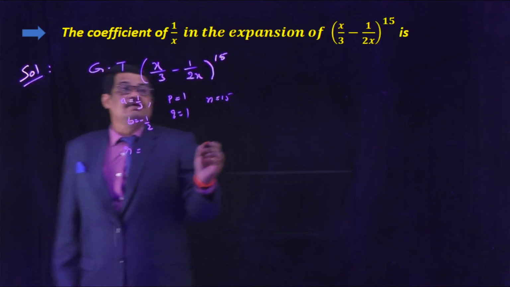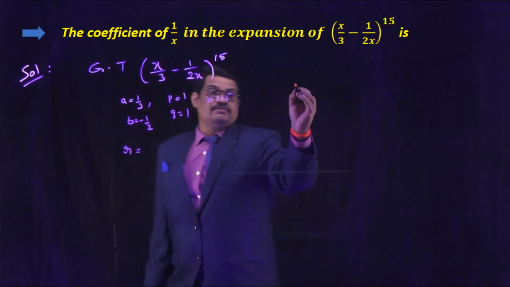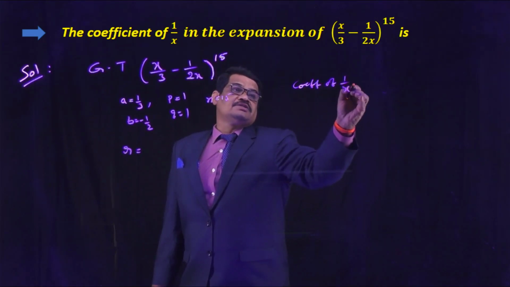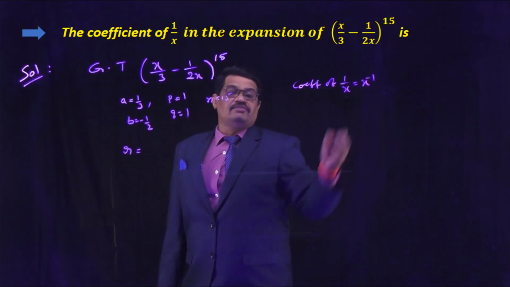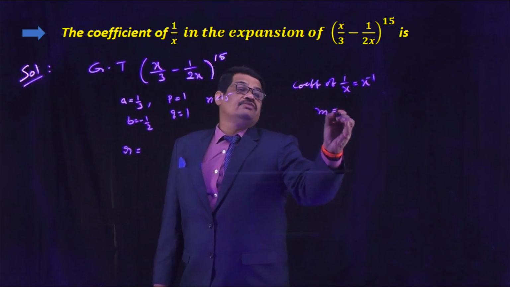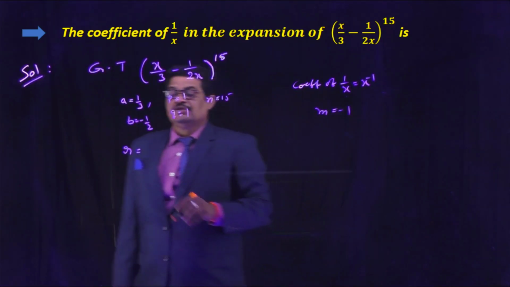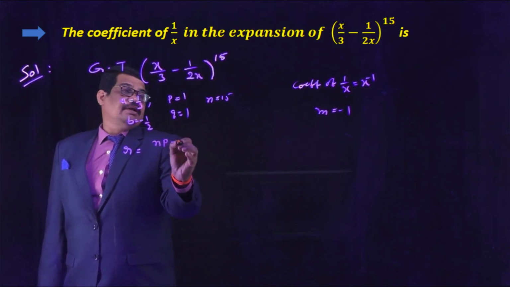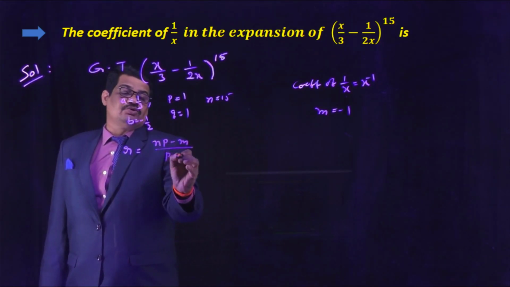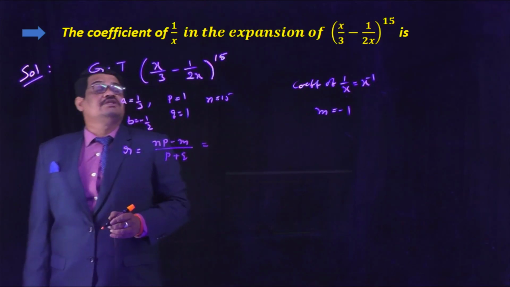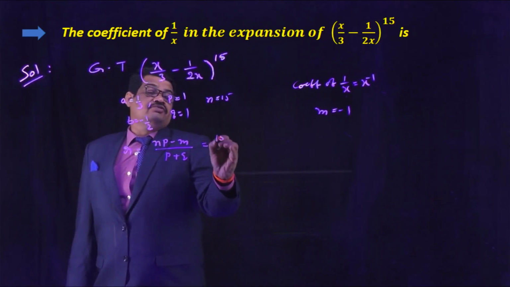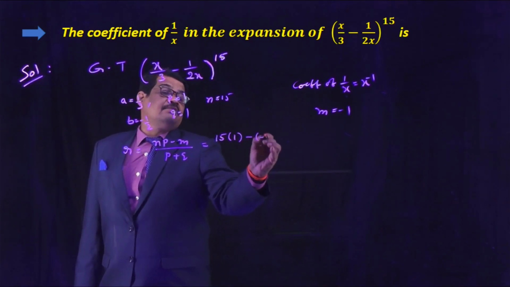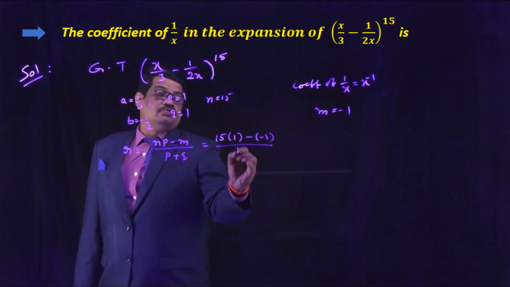We have to find the coefficient of 1/x, that is nothing but x to the power of minus 1, where m is taken as minus 1. So how to find the r value? (np - m)/(p + q). Here n is 15, p is 1, minus m is minus of minus 1, by p plus q, 1 plus 1.